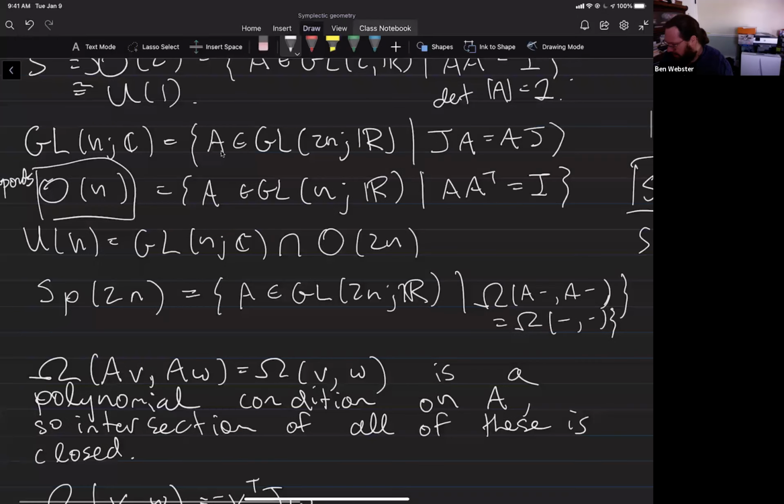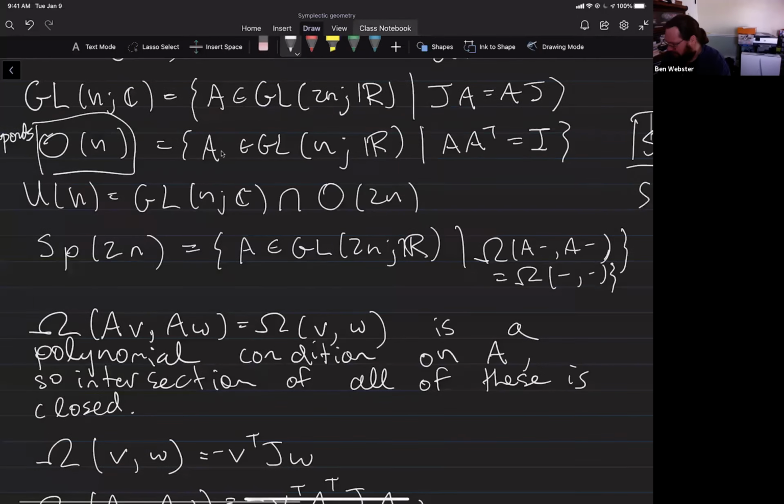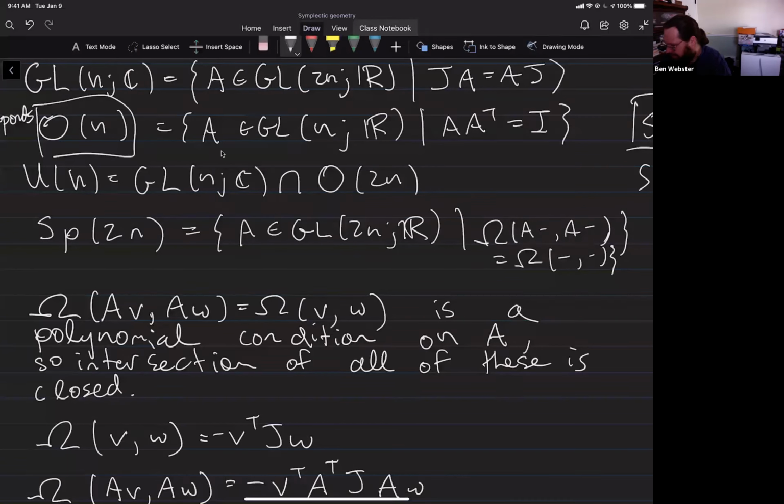All right, so I was going to make a little point about this symplectic group. Now that I've written this, I worry that some version of this was on the homework and I don't really remember, but let me just say it out. I need to assure you that this symplectic group is a closed subgroup of GL_2n. And probably to some of you, that's just obvious.